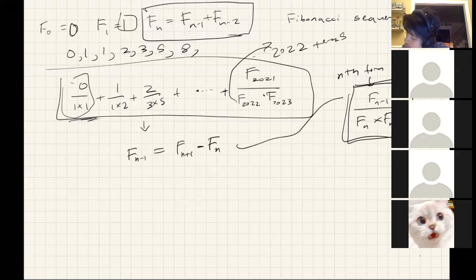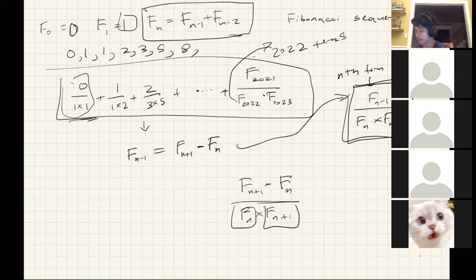Now our summand looks something like this. Now it's clear that we want one of our fractions to have f of n in it, and one of the fractions to have f of n plus 1 in it. We want to separate it into two fractions, right? It's not too hard to see that this summand actually simplifies to 1 over the nth Fibonacci number minus 1 over the n plus 1 Fibonacci number.